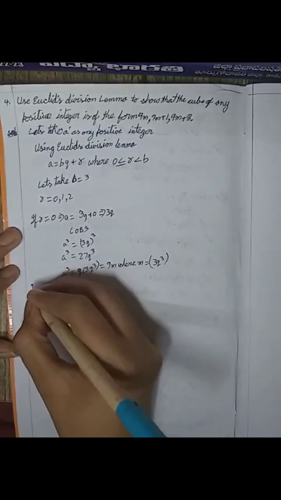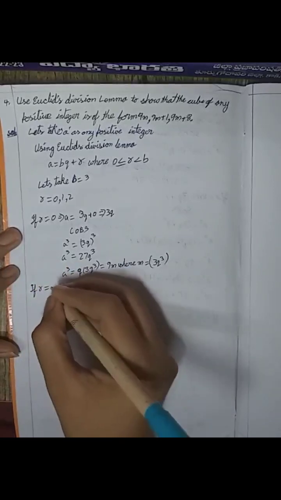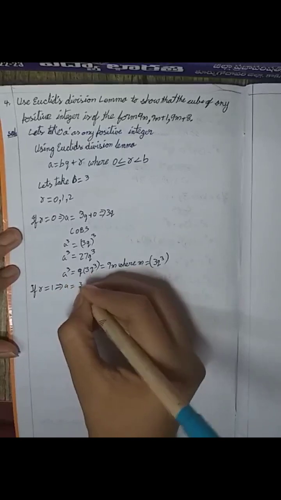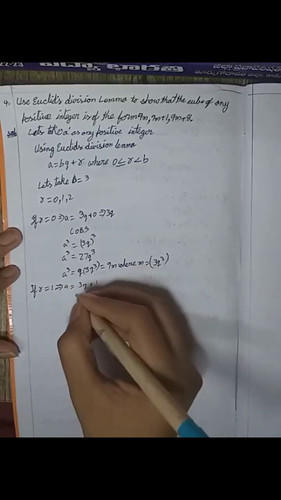Now let's take r is equal to 1. If r is equal to 1, a is equal to 3q plus 1.